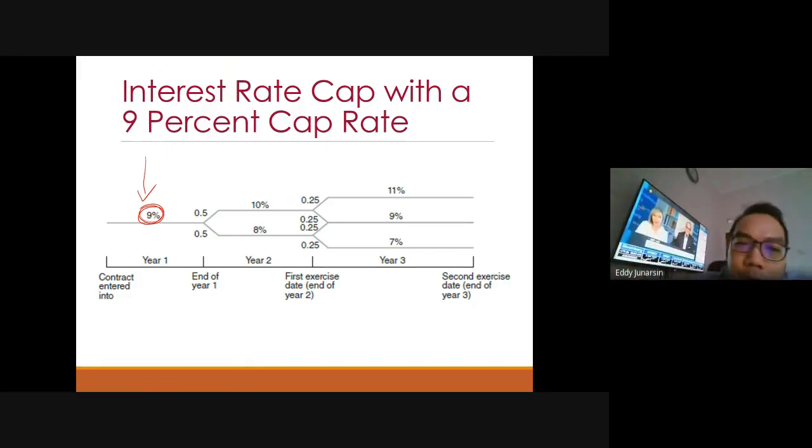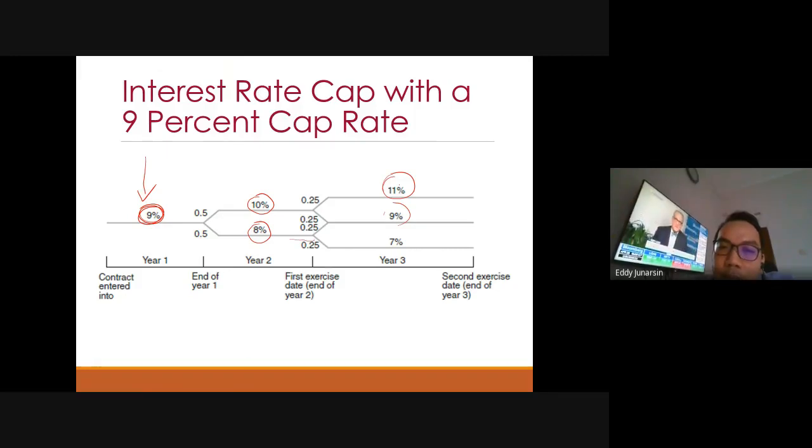So it has two possibilities, right? According to our analysts or researchers, it will go down to 8%, or it will increase to 10%. And then in the third year, we have three possibilities. From 8%, it could go down to 7 or up to 9; from 10%, it could go down to 9 or up to 11.